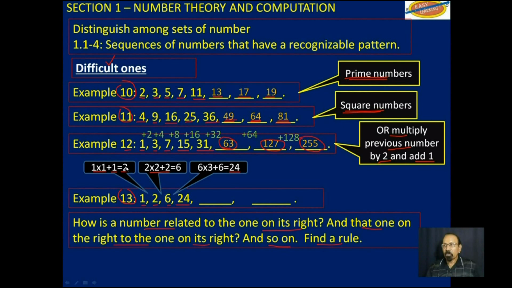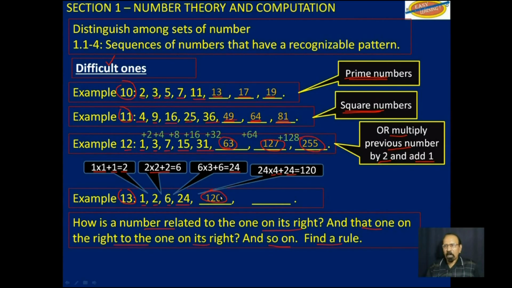Here we seem to have a rule. Multiply the previous number by 1 and then by 2 and then by 3 and add the previous number to it. So multiply 24 by 4 and add 24. So this will give us 120.